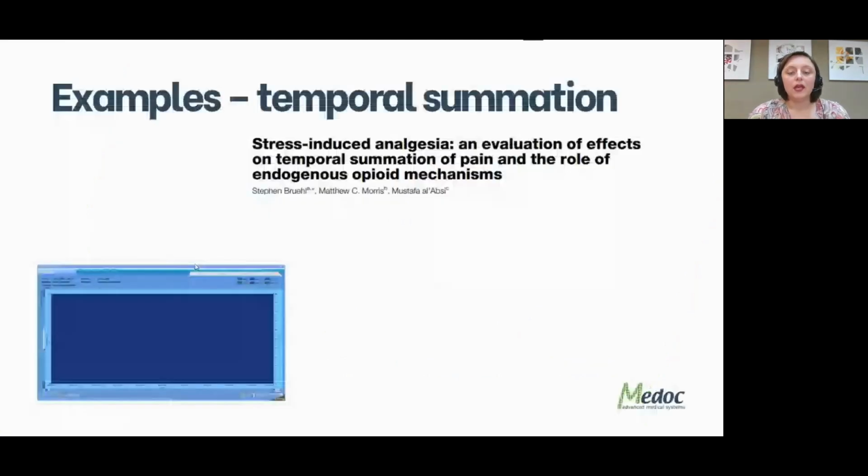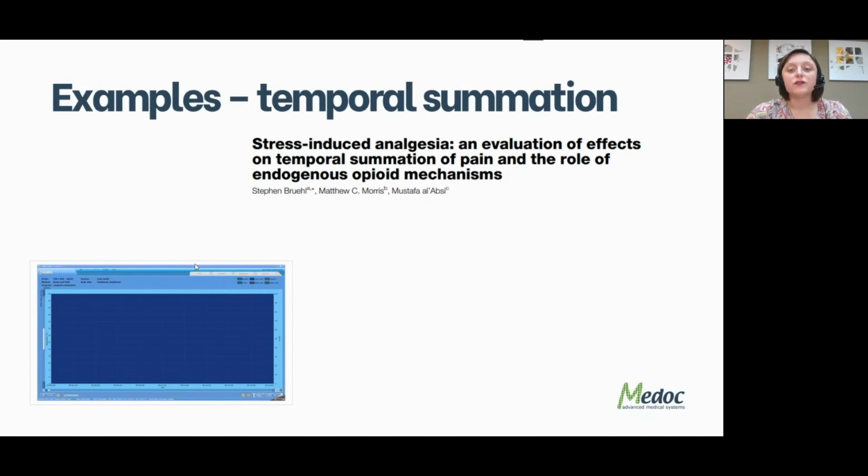And this is just an example of something that was done with older generation of TSA. This group from Vanderbilt University tested for what is called temporal summation. In this paradigm, you apply stimulation of the same intensity, repetitive stimulation in this case, and you ask the patient or the subject to rate the pain.